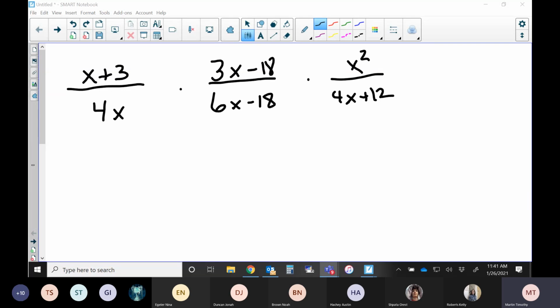All right, so you should have figured out that the first one was already factored. The next one, you'd say, okay, first you always try to do GCF, right?